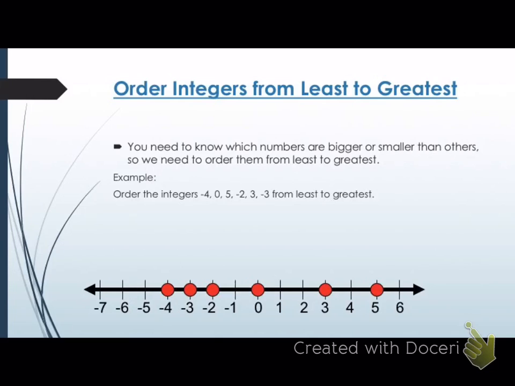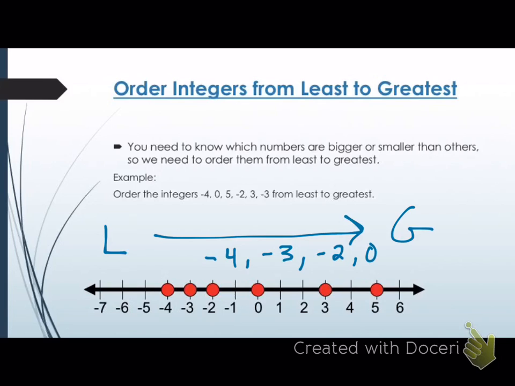Now, if you look very closely at our graph, the least ones are on the left side and the bigger ones are on the right side. So from least to greatest, our answer would be -4, -3, -2, 0, 3, and 5. That's our order from least to greatest. Congratulations. We're going to move on.